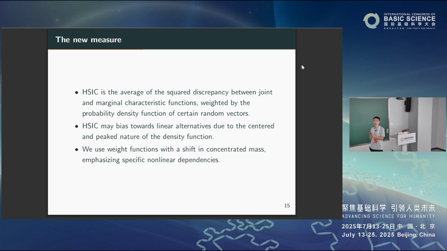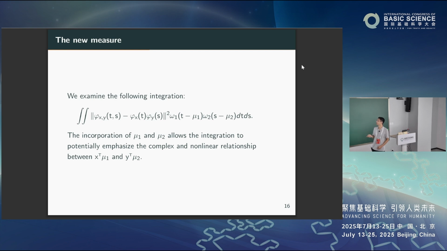If we shift the weight function so that it is no longer centered at 0 but peaks at another point, the resulting HSIC may be more sensitive to other kinds of nonlinear dependencies. Okay, so we can modify the original expression of HSIC in this form.